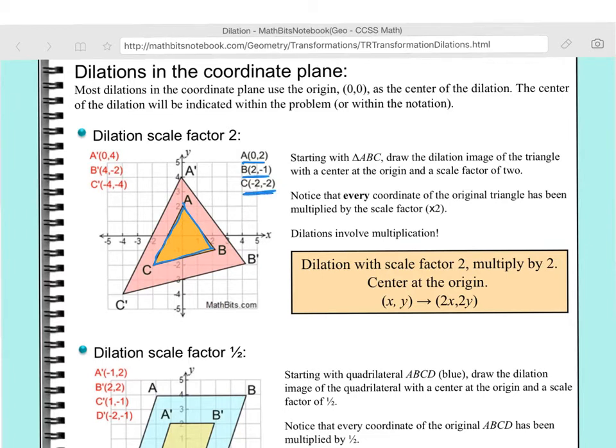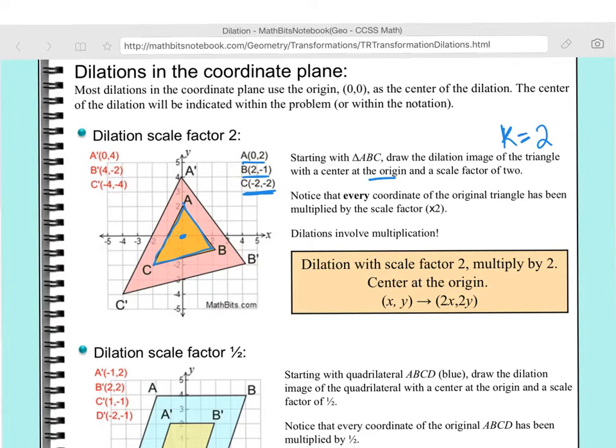So starting with ABC, they want you to draw the dilation of the image of the triangle with the center at the origin. So the center of enlargement or the center of dilation will be at the origin, and we know that the origin is (0, 0), and a scale factor of 2. Sometimes we use k to represent scale factor, so k will be equal to 2.